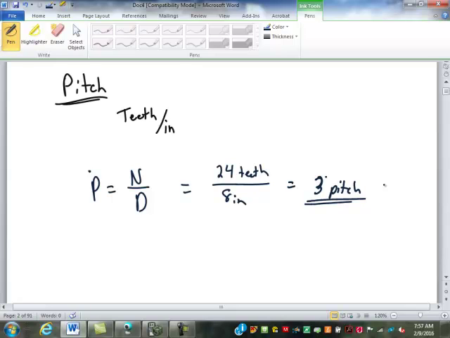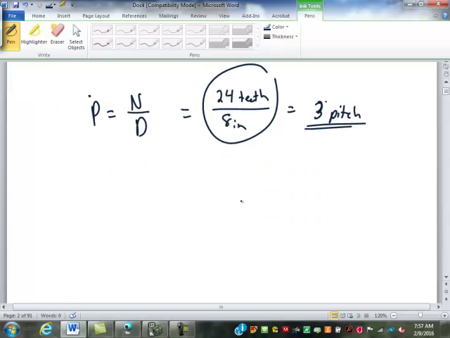For two gears to mesh, they must have the exact same pitch. So if this gear with 24 teeth and an 8-inch pitch diameter is going to be matched with another gear with a 5-inch diameter, how many teeth does it have to have? Where did I come up with the 15 teeth? 5 times 3, because it has to be a 3 pitch.